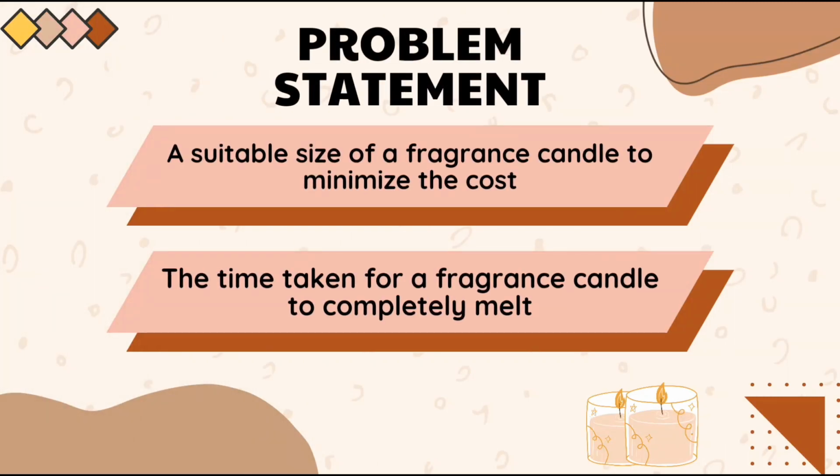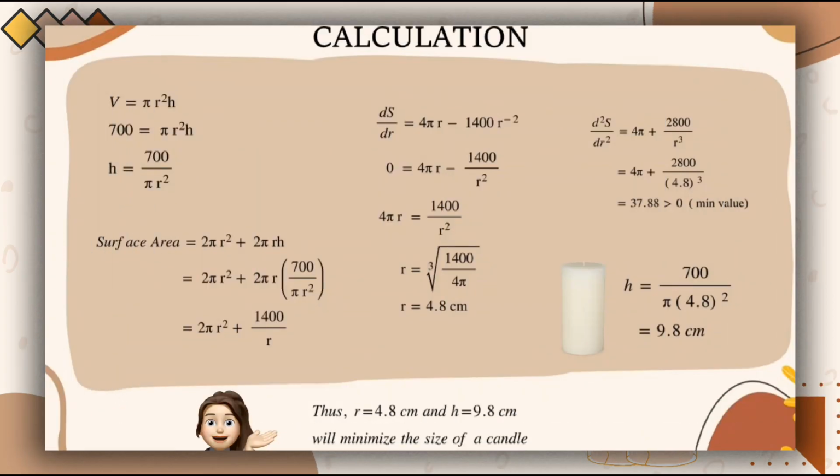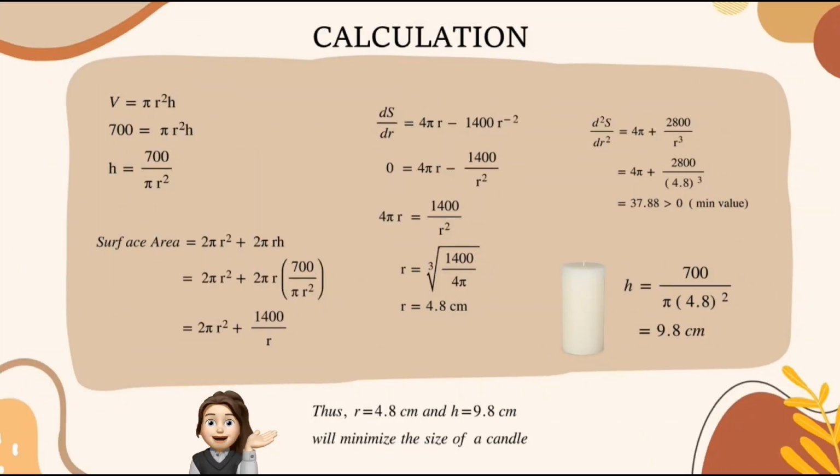Okay, let's solve this problem. First problem statement. We can solve it by using the formula V equal to pi r squared h and surface area equal to 2 pi r squared plus 2 pi r h.